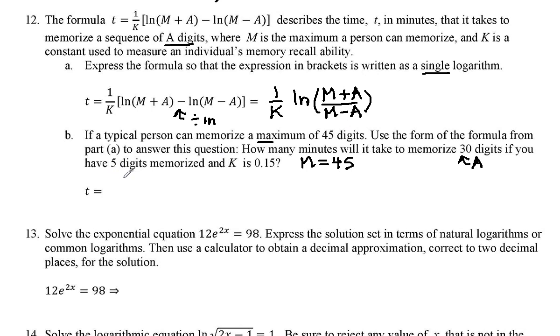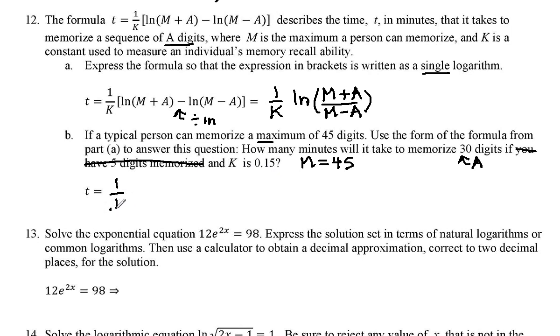We just want to know that k equals 0.15. So I've given this k to you. So we've got k is 0.15, M is 45. This is just a plug-in here. And yours is the same. You're just doing a plug-in.